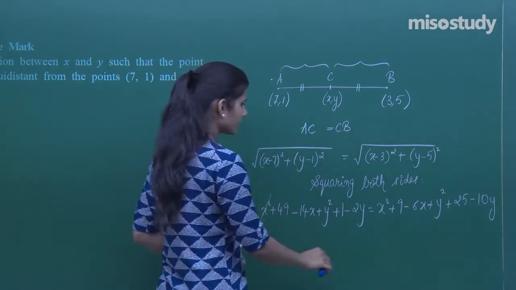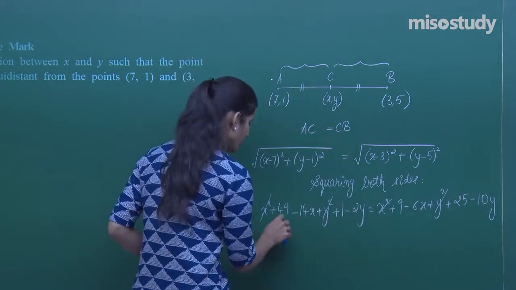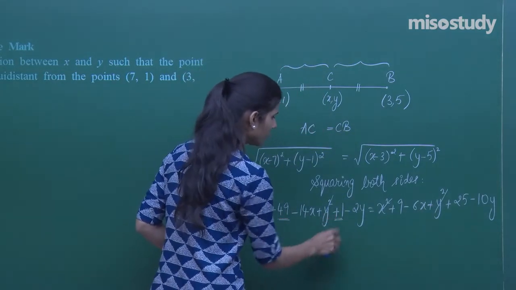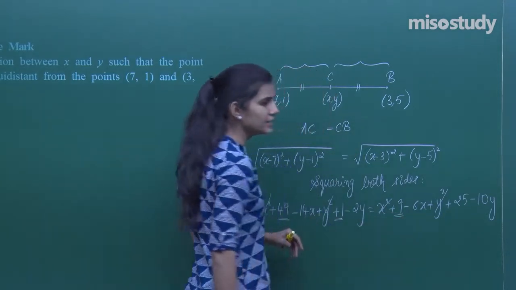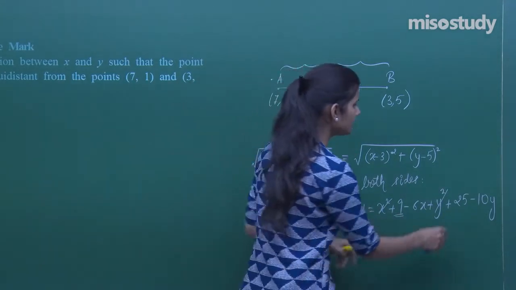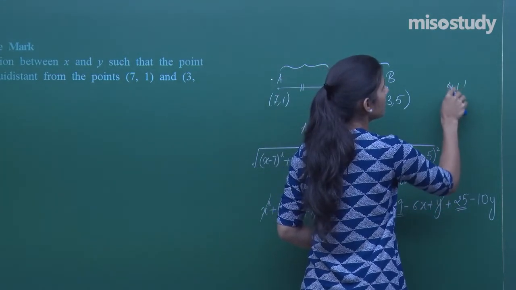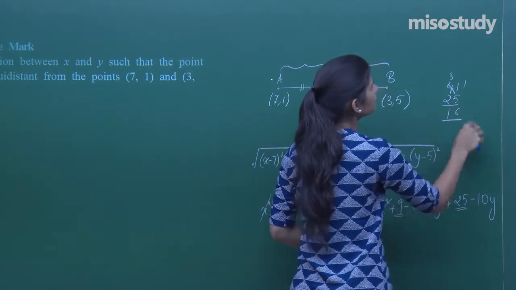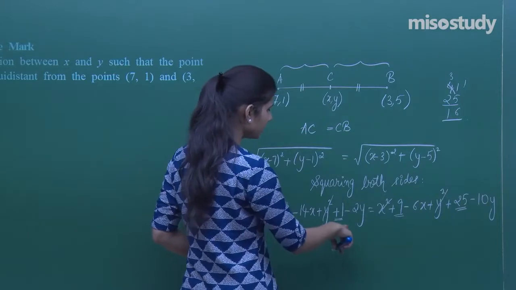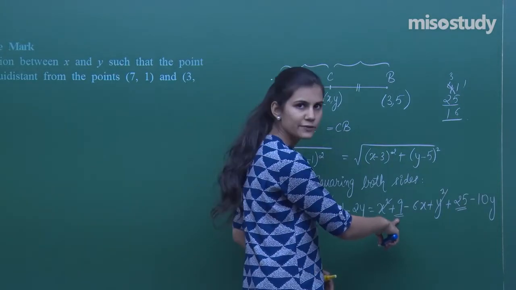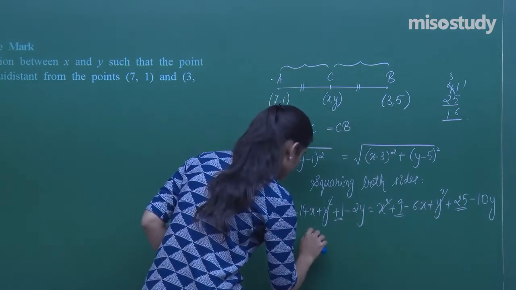So x square cancels out from here and here, y square cancels out from here and here. You are left with 49 plus 1, that is 50. 9 is going to come over here, 50 minus 9 is 41, 41 minus 25 gives you 16.